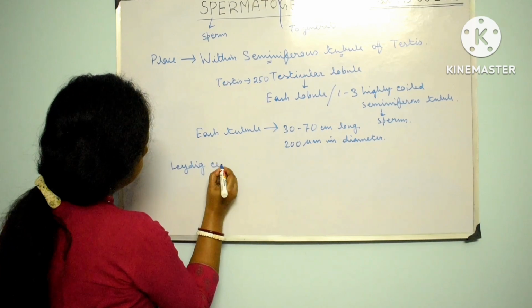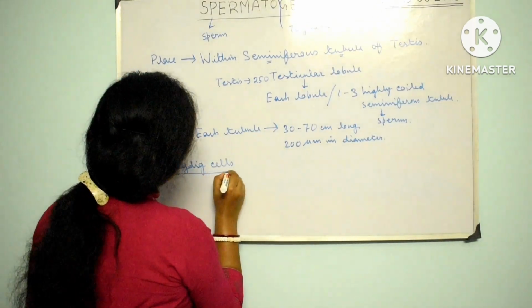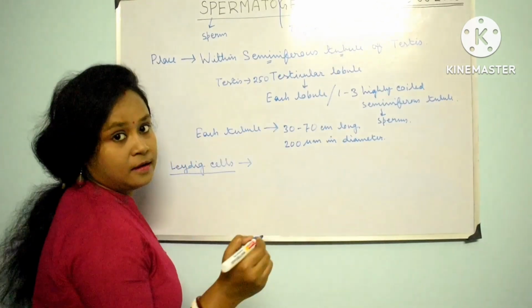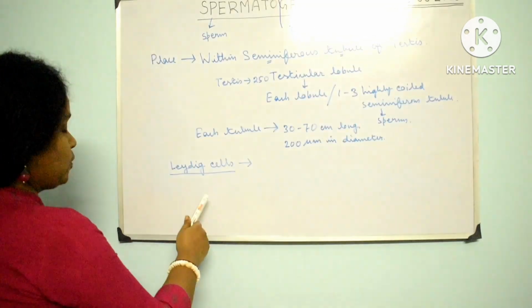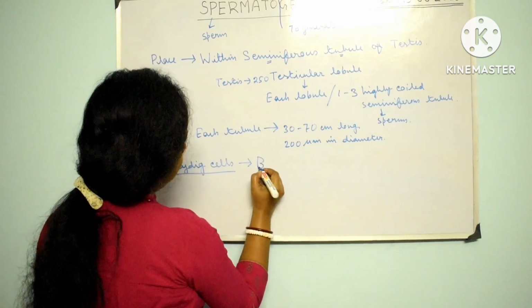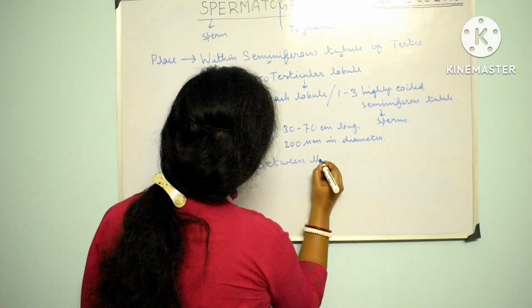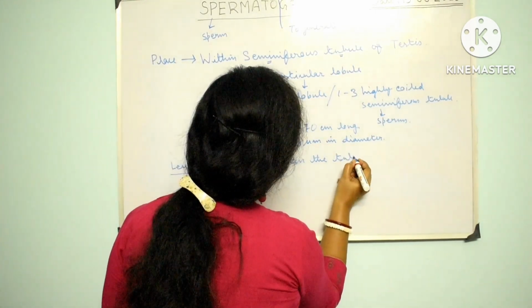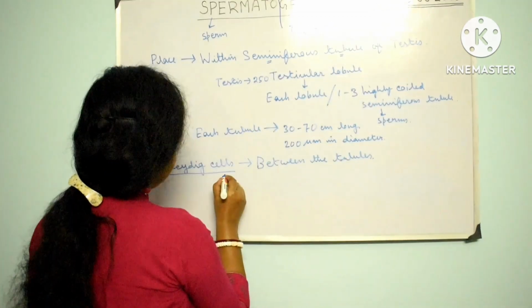Another important term you should know prior to discussing spermatogenesis is the Leydig cell. Leydig cells lie between the seminiferous tubules. Why is the Leydig cell so important?